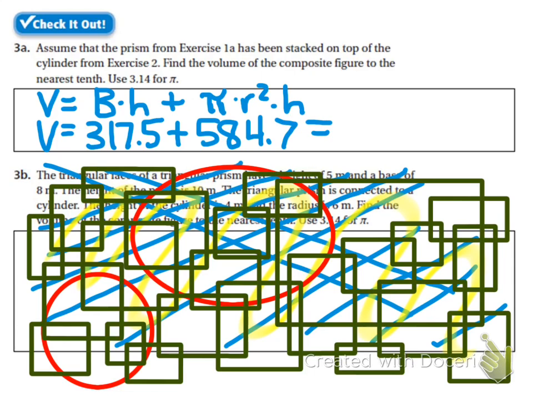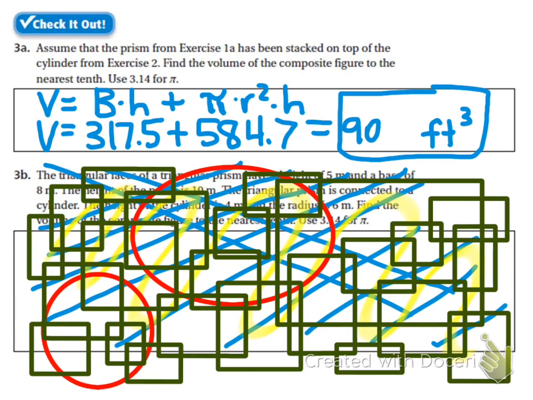You add them together. Excellent, Violet. So add these together. And what is our answer? Brandon? 902.2. Bingo, 902.2. Excellent. Good job.